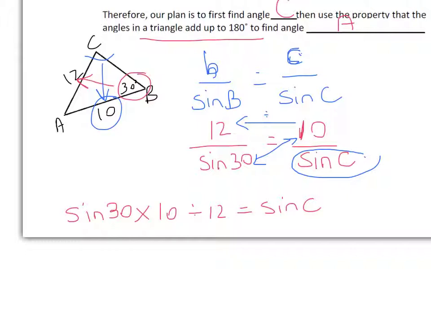So if you do the math on your calculator, 0.4166 equals sine C. Now we're not interested in sine C, we're actually interested in angle C up here. So how do we go from sine C to angle C? Well, again, we have to do what we did in the previous lesson, the inverse sine.